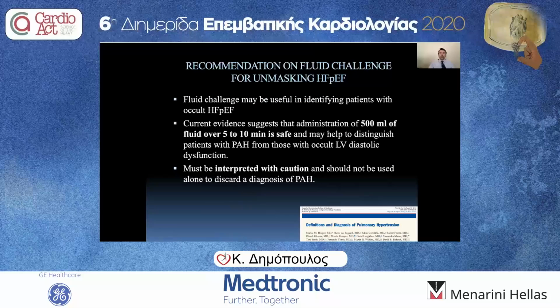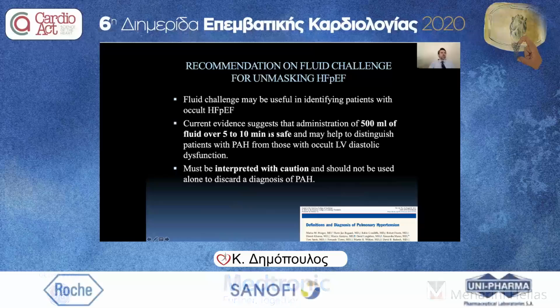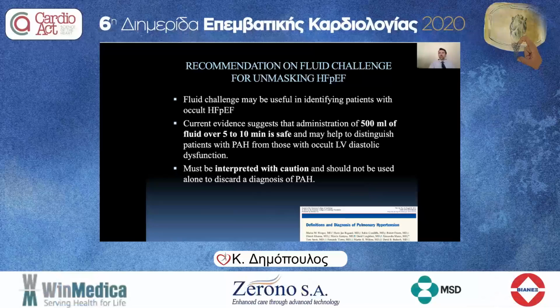Now, when you do all these measurements and we measure the wedge pressure, and I'm not going to talk much about this, you want to unmask any diastolic dysfunction. You have a patient with left-sided heart disease, obese, diabetic, hypertensive. You go in and they're quite dehydrated because, number one, they're on diuretics. Number two, they've been nil by mouth for the catheter overnight.